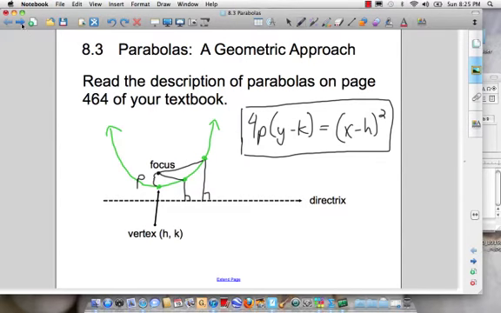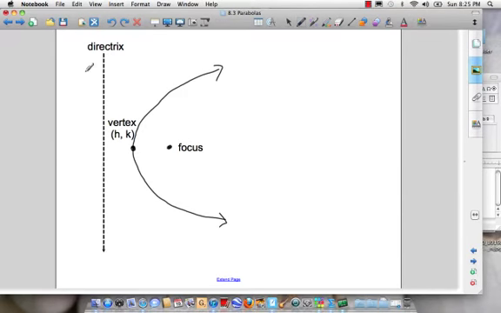Okay, now let's look at one that's aligned horizontally. This one is opening to the right. Essentially, the roles of x and y get reversed here. So now it's 4p(x − h) = (y − k)². Now the y is squared, not the x.